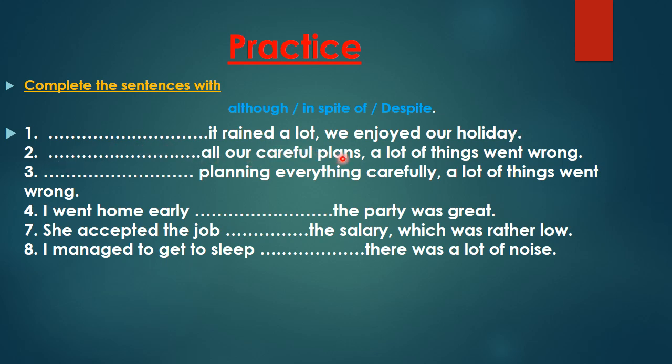All our careful plans, a lot of things went wrong. Sentence number 3. Planning everything carefully, a lot of things went wrong. The same sentence, but I have changed, of course, the form of the verb here. Plan, planning.